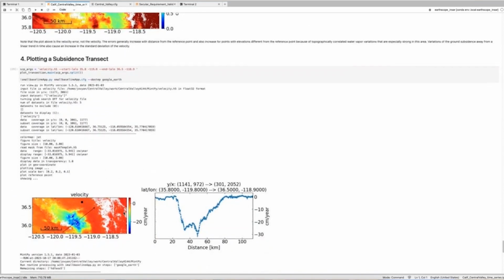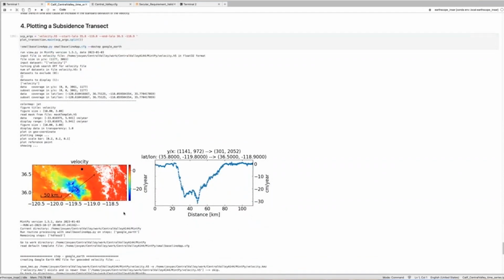We can also plot a transect across the subsidence bowl using MintPy. In this case, I've just drawn a line across the part where it's subsiding the fastest, shown dashed on the left, and on the right is that section.